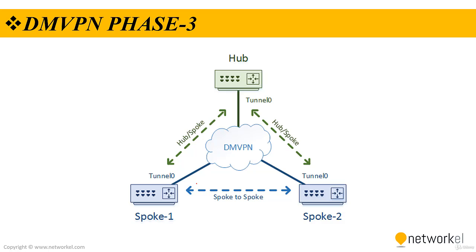NHRP shortcuts allow a hierarchical tree topology so that a regional hub is responsible for managing NHRP traffic and subnets within that region, but the spoke-to-spoke tunnels can be established outside the region.